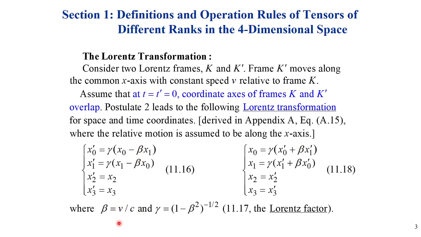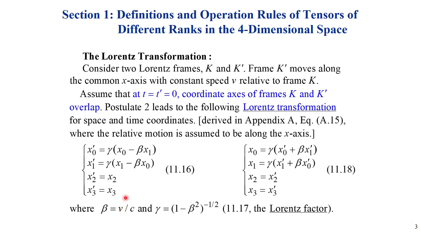Beta is v over c, and gamma is 1 over the square root of 1 minus beta squared. It must be greater than or equal to 1. Beta is from 0 to 1. This is the absolute value, so the speed, not the velocity.